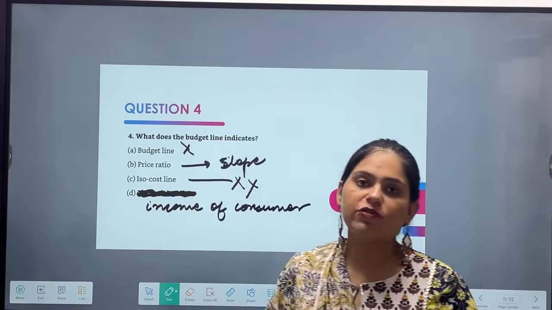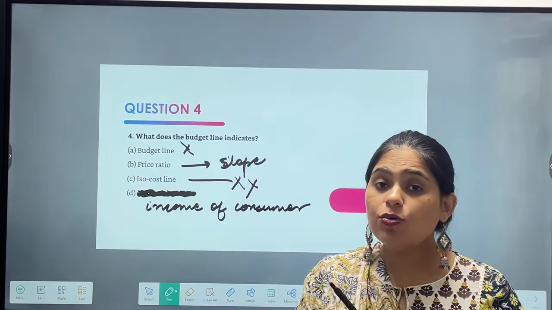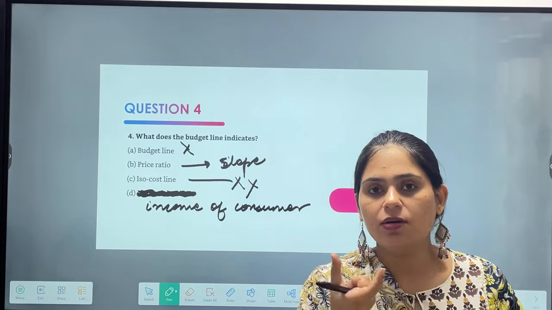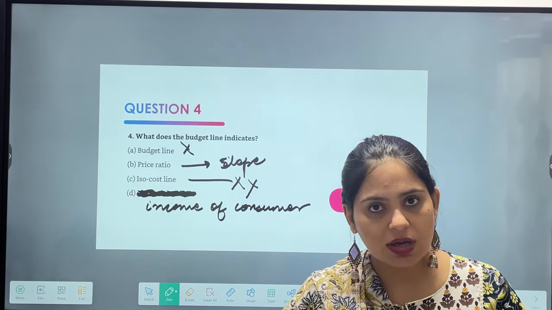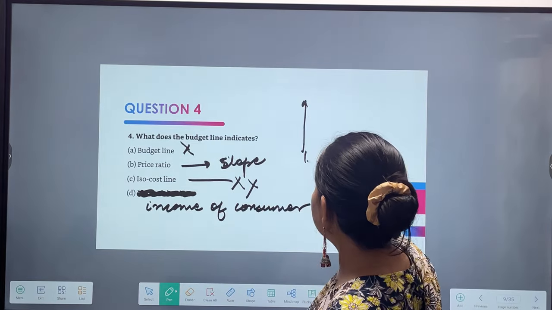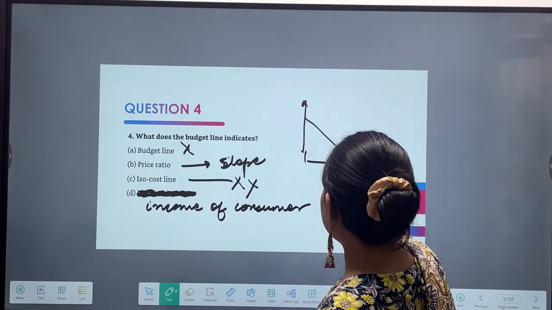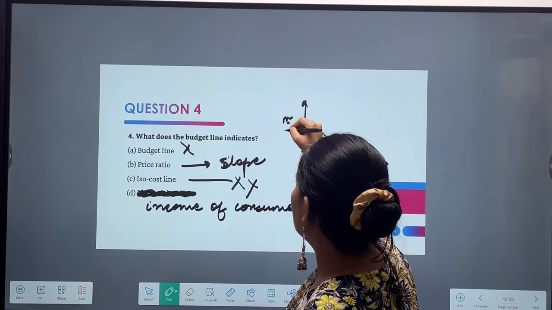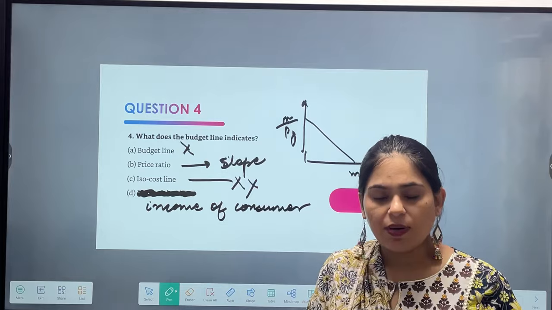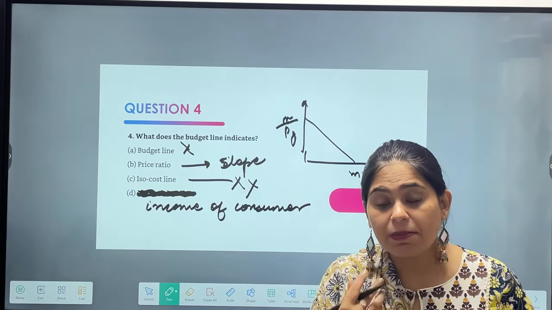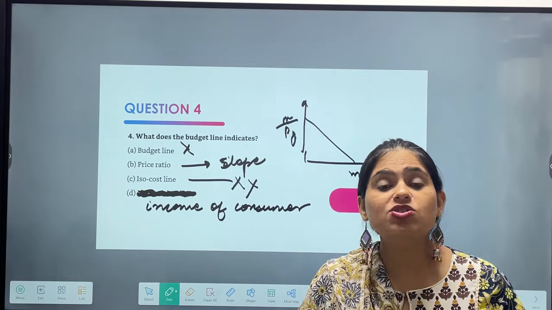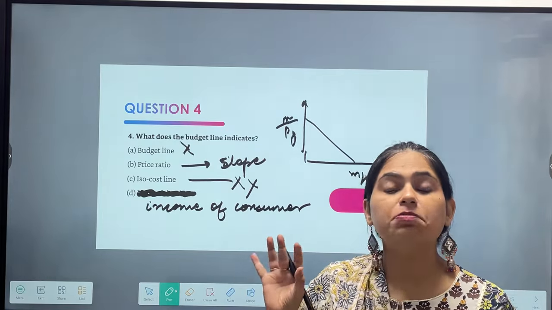Now, you may of course think that budget also represents the income. The intercepts that you get on the budget line, this M by Px and this M by Py, of course this represents the income of the consumer also. But still remember, what's the sole purpose of budget line? It is to tell me the rate at which market substitutes one good for another, right?